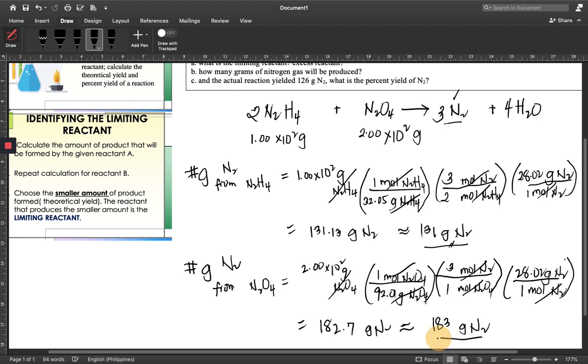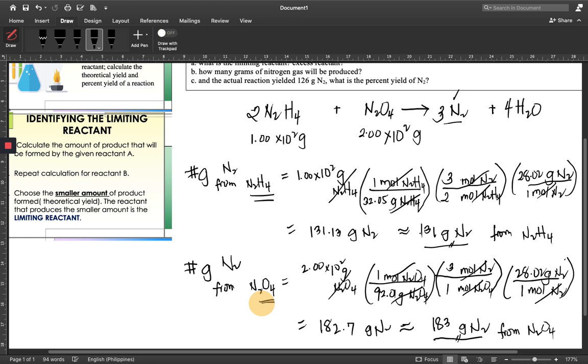So this is the amount of grams that we get of N2 from, we go back to our labels, from N2O4. And this is from N2H4, from hydrazine. So just base it on what you've written as your ask. So what do we do to make sense out of this information? You notice that there is a lesser amount of nitrogen gas in N2H4.